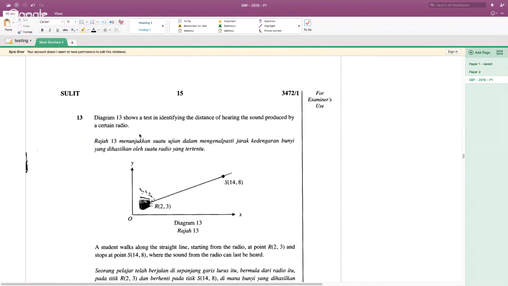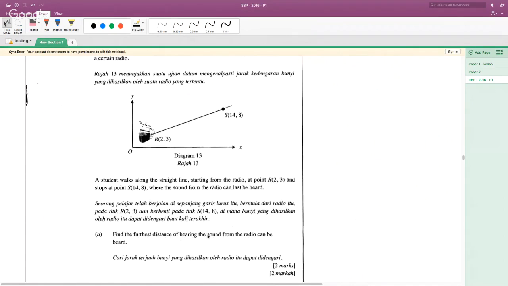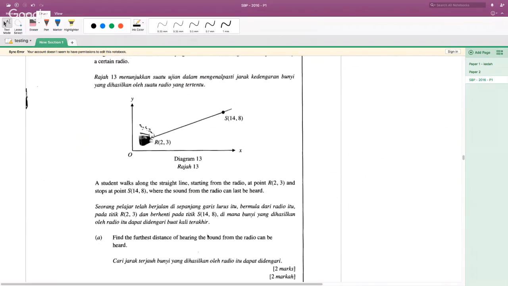Diagram 13 shows a test. Identify the distance of hearing the sound produced by a certain radio. So you have a radio here, and the radio forms sort of a distance. I guess this is a KBAT question, because KBAT questions always love to look like this.